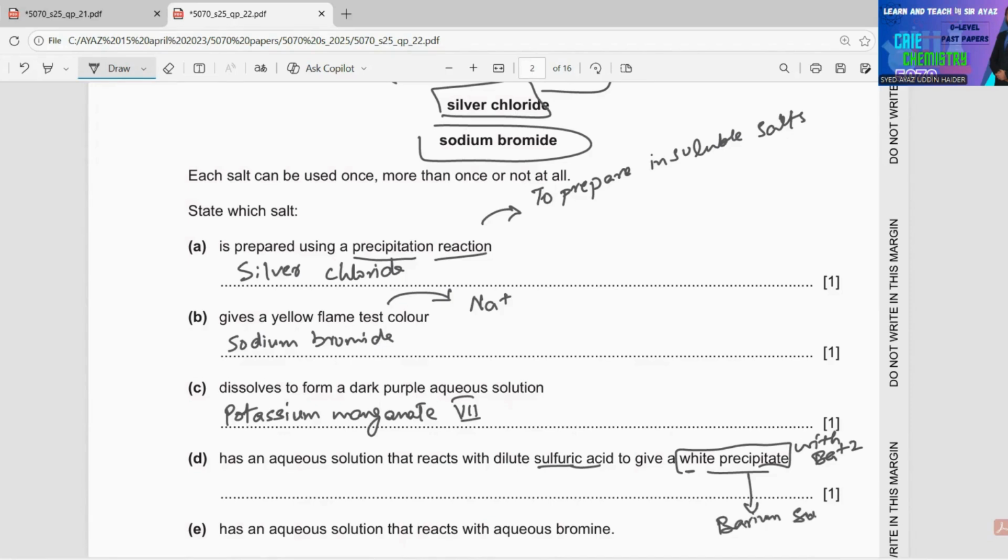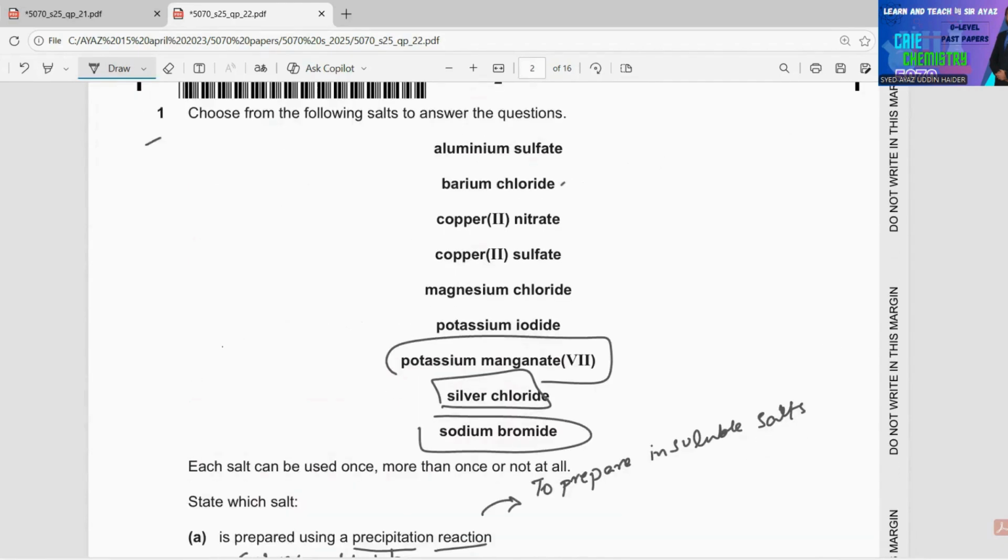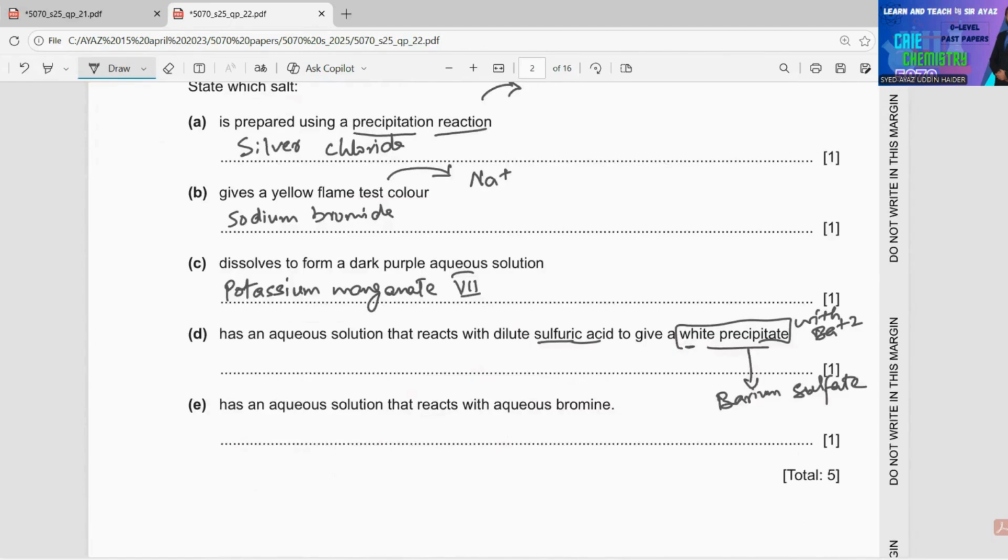So you must look for the soluble barium salt present in the list, and I will find it here. That's barium chloride. So barium chloride must be reacting with sulfuric acid to form this white precipitate of barium sulfate. So I will write barium chloride.